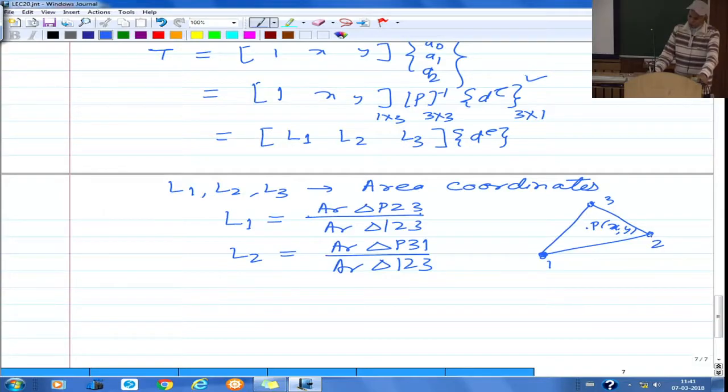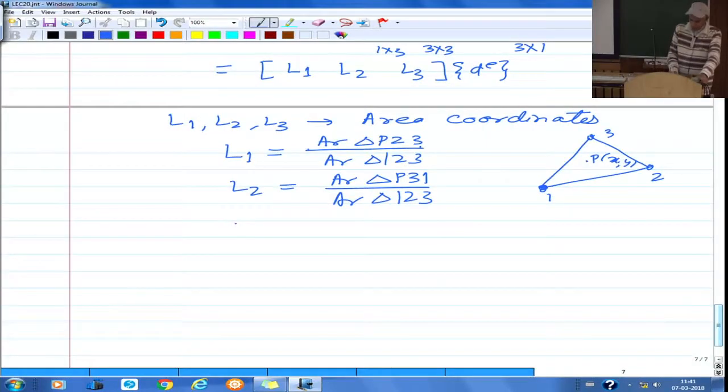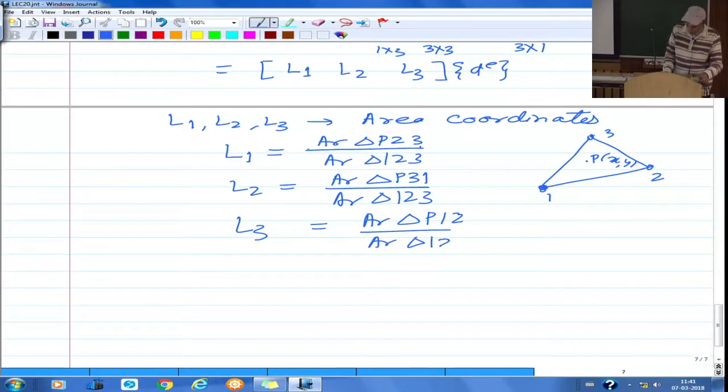L2 would be unity at node 2, 0 along line 3 to 1. Similarly L3 is given as area of the triangle P12 divided by area of the triangle 1, 2, 3, with the area in front of node 3 in the numerator.